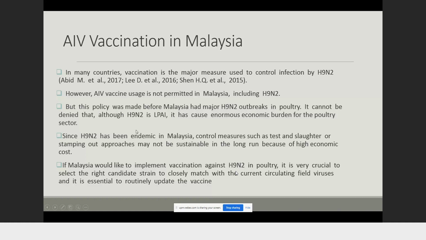It cannot be denied that although H9N2 is low pathogenic, it has caused an enormous economic burden for the poultry sector in Malaysia. Since H9N2 has been endemic in Malaysia, control measures such as test and slaughter or the stamping out approach may not be sustainable in the long run. So we don't know, but later on Malaysia might want to implement vaccination against H9N2.